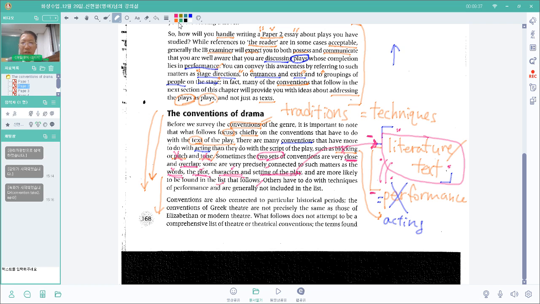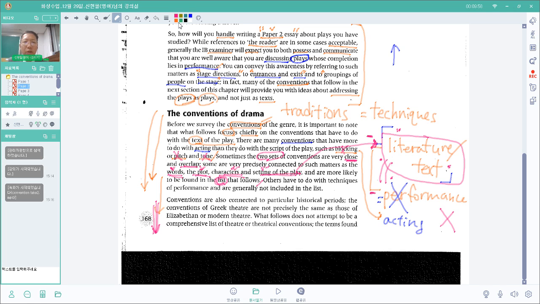The list refers to the information included in this part. This literary list will focus on words, plot, characters, and setting of the play. We're not going to pay attention to the performance and acting side of the technique.